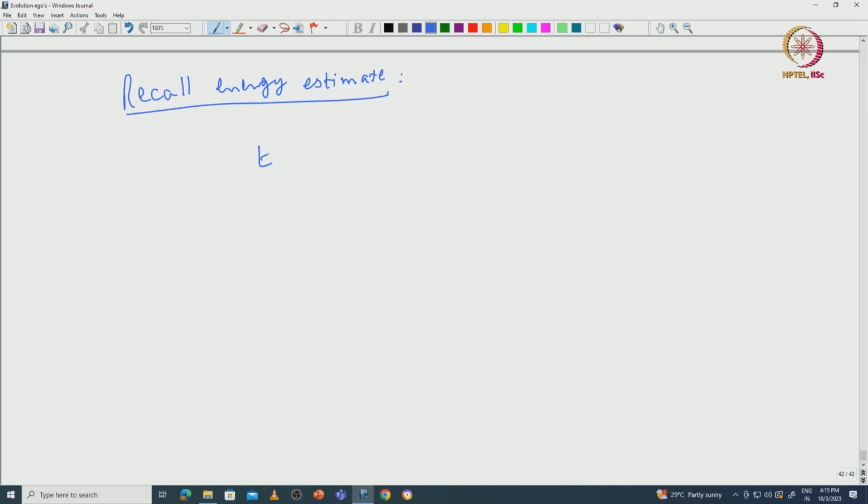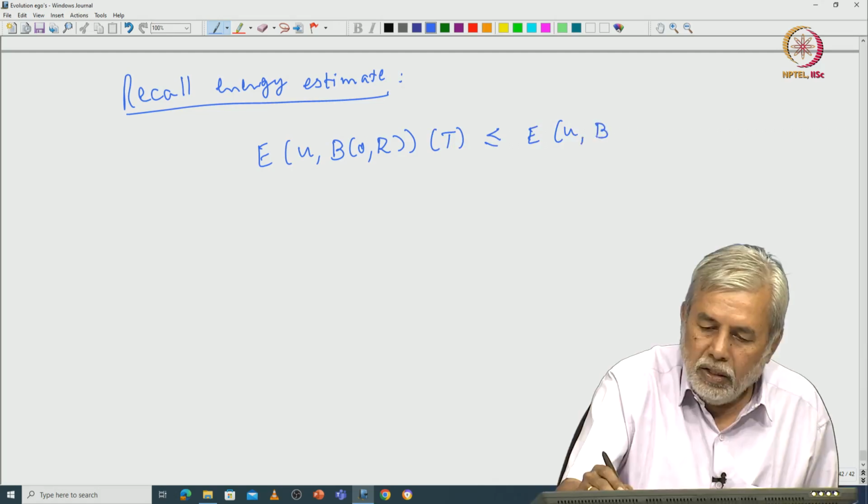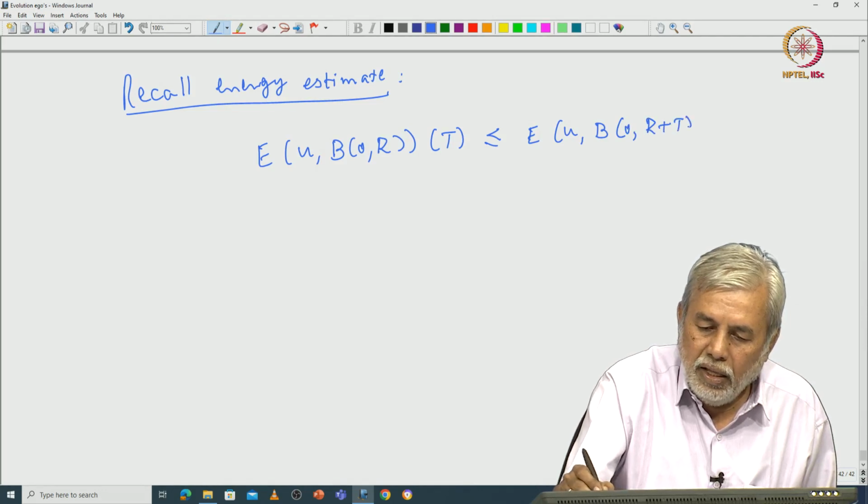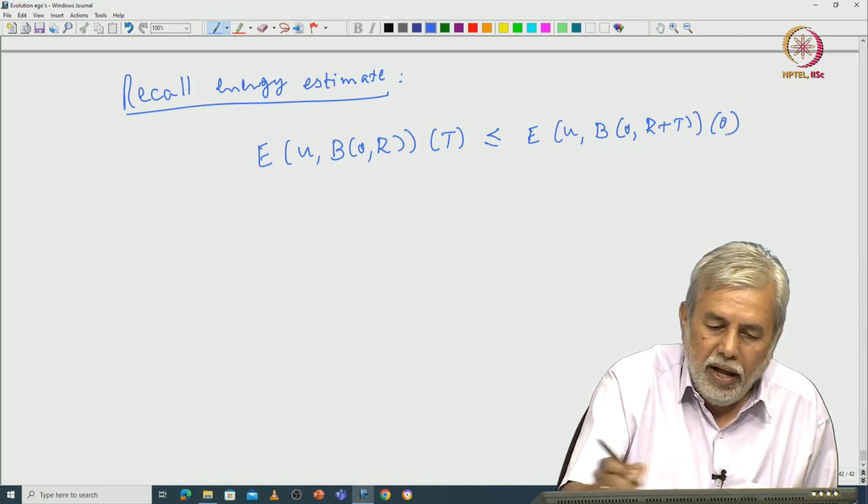The energy of u in B(0, R), where R is any positive number, at any time t is less than or equal to the energy of u in B(0, R + t) at 0, and similarly here.